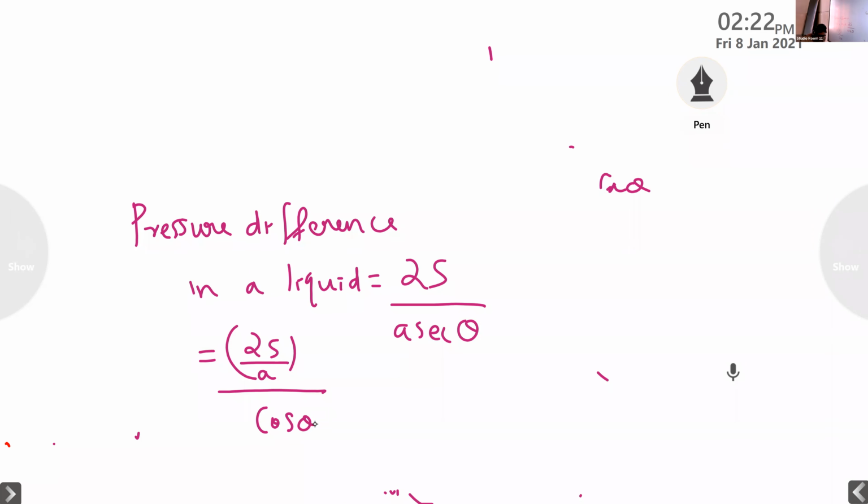Where S is the surface tension, theta is the angle of contact.